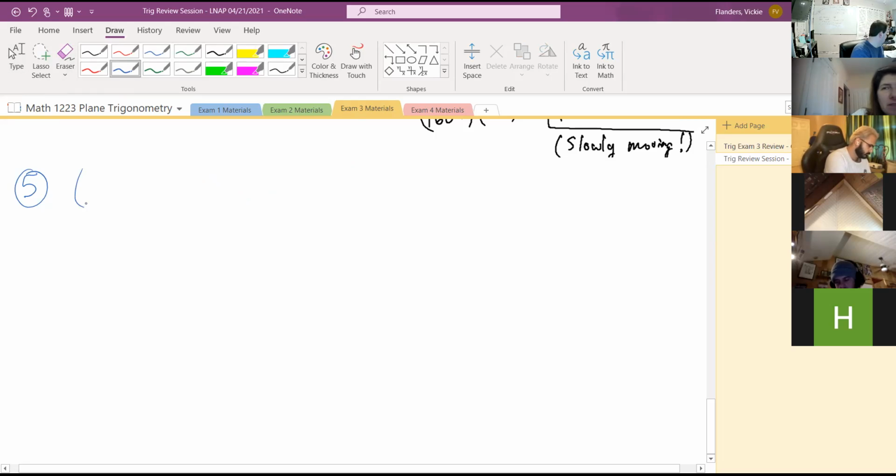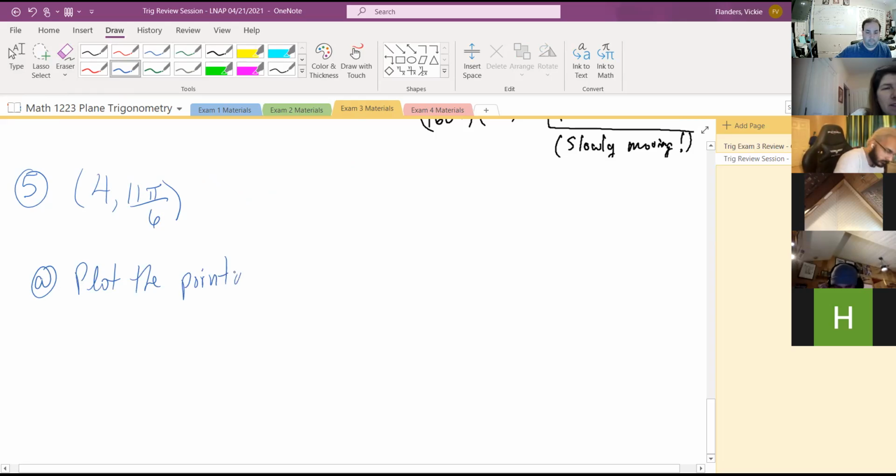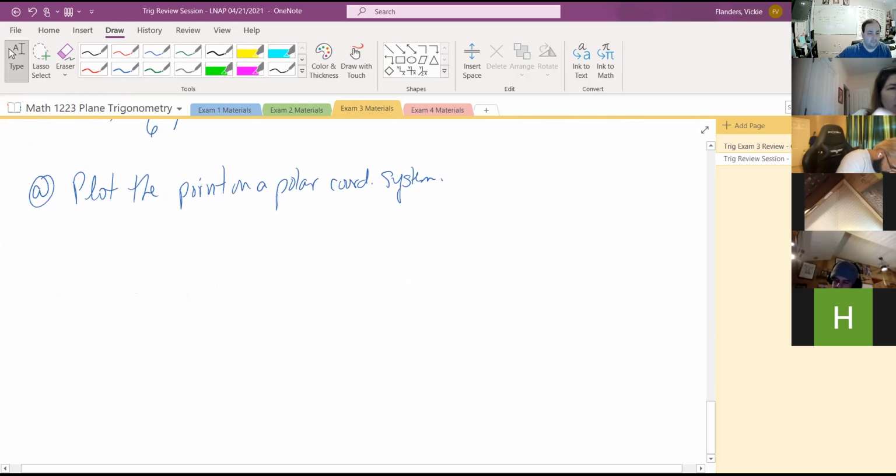Polar, like a point? Yeah, convert a point. Okay, so given 4, 11 pi over 6. Yeah, let's do this. 4, 11 pi over 6. Okay, so first thing I want to do is let's plot it. You don't have to be too technical with this here.